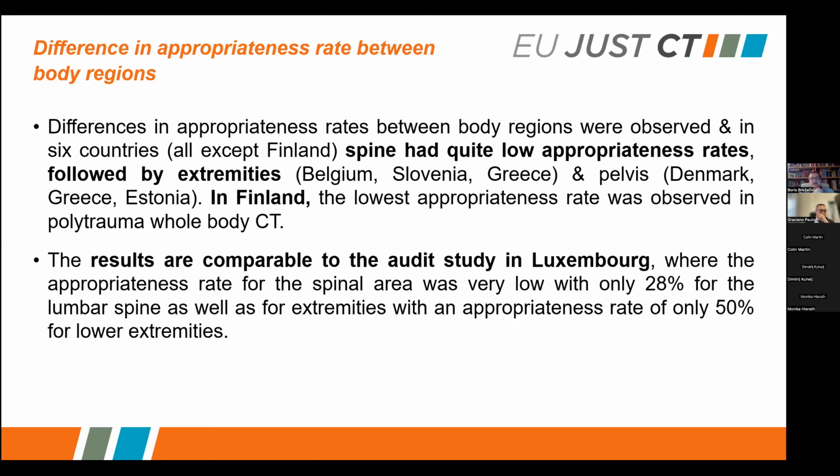These results are comparable to the audit study in Luxembourg, where the appropriateness rate for the spinal area was very low, only 28% for the lumbar spine, as well as for the extremities, with an appropriateness rate of only 50% for lower extremities.